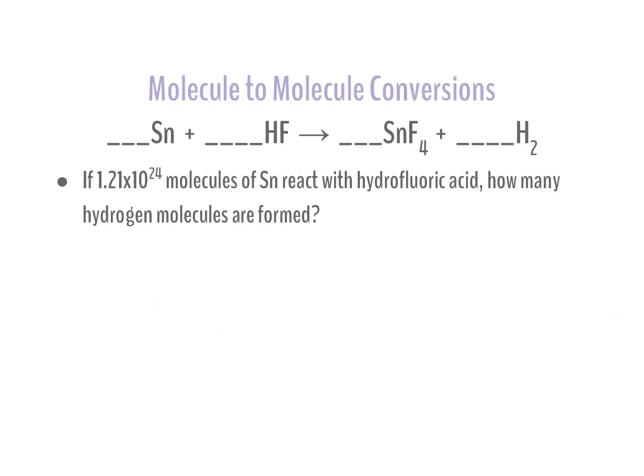The last problem says if this many molecules of tin react with hydrofluoric acid, how many hydrogen molecules are formed? What would I use for molecules? Avogadro's number. And that makes our problem way easier because I don't have to calculate molar mass. In this case, Avogadro's number would be both on the bottom and the top in my T-chart, which means they would cancel each other out and I wouldn't even have to plug it in my calculator.